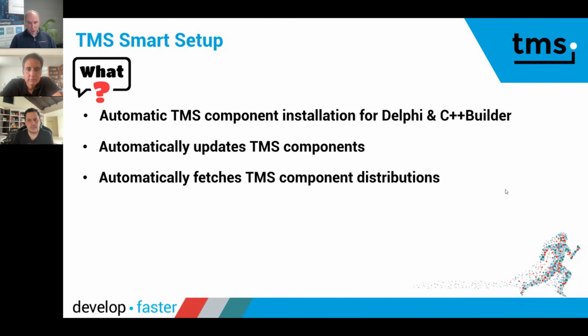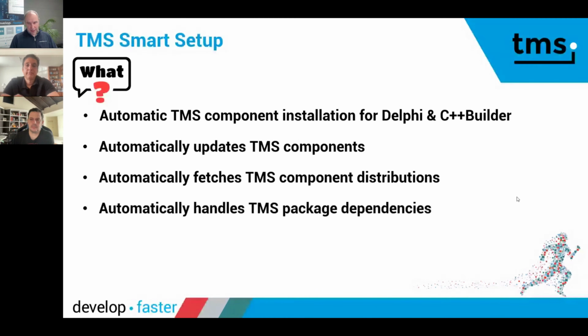But with TMS Smart Setup, everything is built into that process to automatically fetch the necessary files that come with updates of our components. A very important element, and one of the main reasons for developing TMS Smart Setup, was dealing with package dependencies.